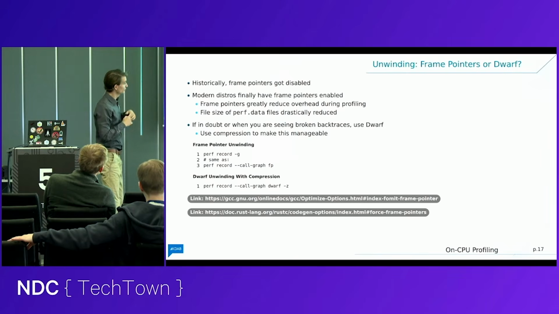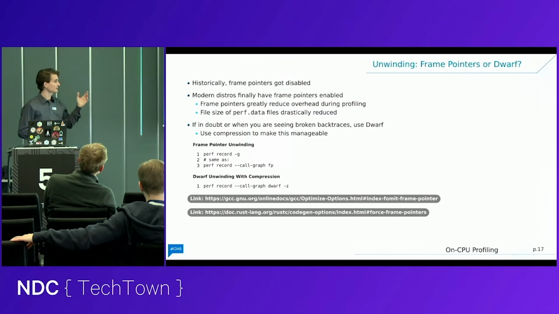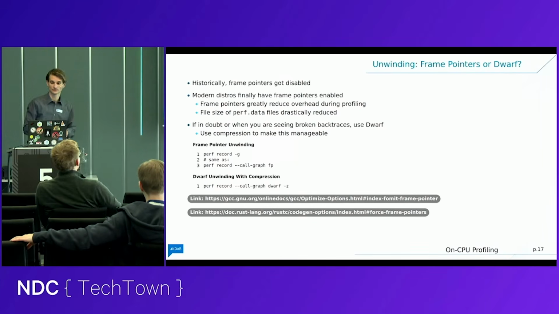Similarly, what you can do and should do is enable compression using the -z at perf record time, and this will magically, using Meta's Zstandard library, reduce the size of these record files by a factor of easily 100 or so. And that can make or break the tool, especially on low-end embedded devices where you often have really slow flash chips for disks, right? Or you want to right away transfer the data using SSHFS or something like that.